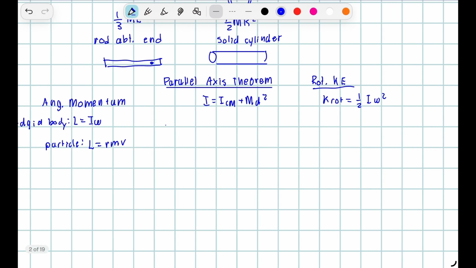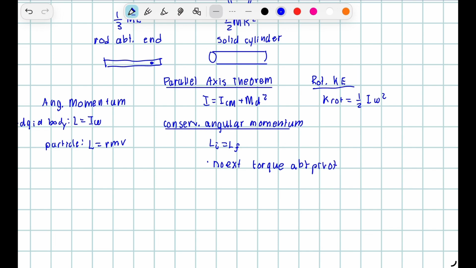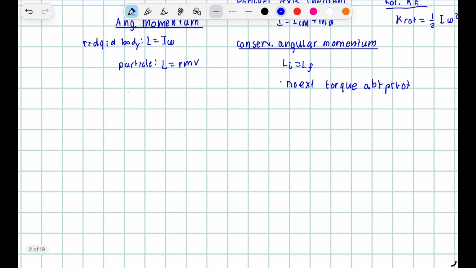Now for a particle, now conservation of angular momentum, this is when you have no external torque, about your pivot.